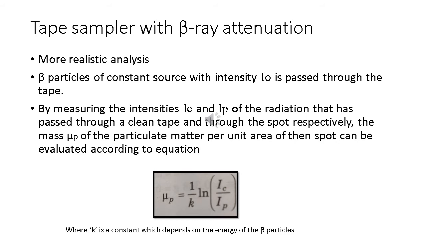Mu p is equal to 1 by k log IC by IP. Here k is a constant which depends on the energy of the beta particles. The intensity of radiation can be measured by a Geiger counter.